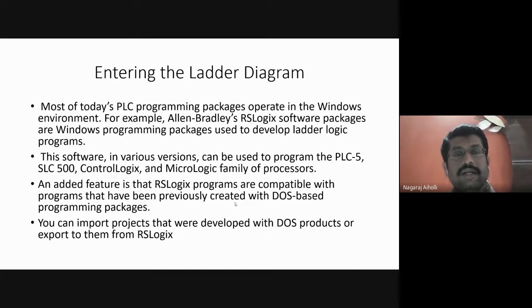The next one, entering the ladder diagram. We know what a ladder diagram is by now. The ladder diagram is the program, the instructions that we write in order to make the PLC work as per the requirement of the user. Based on how we write the ladder diagram, the PLC processes. It does not have its own way of handling the ladder diagram.